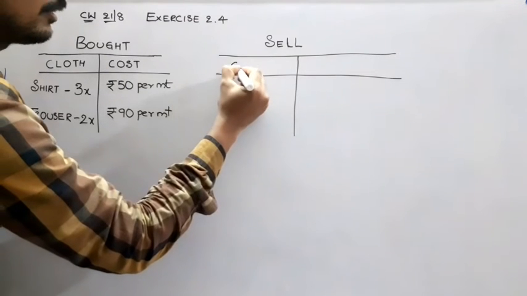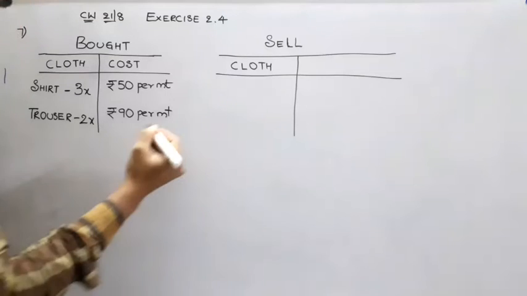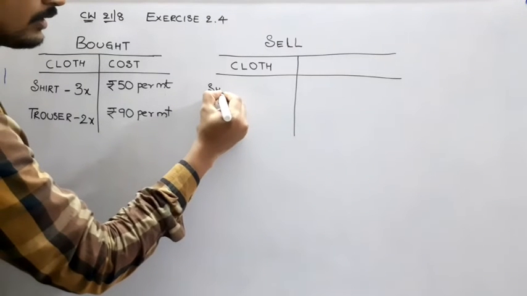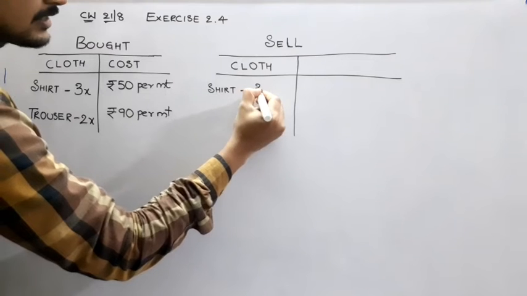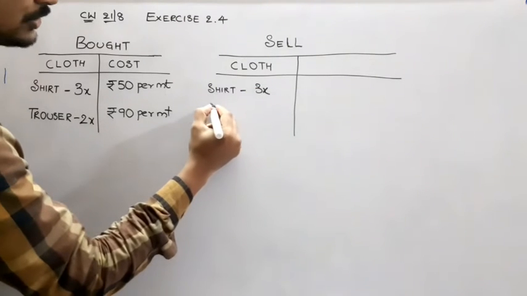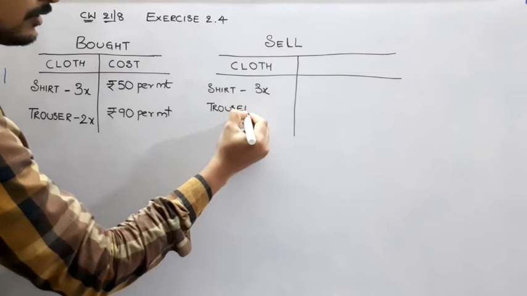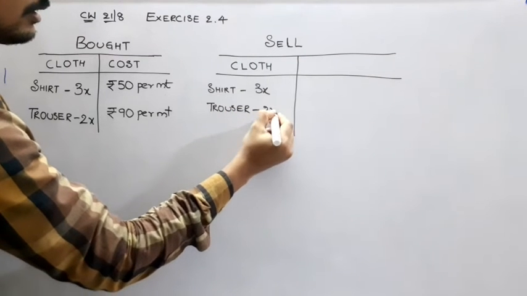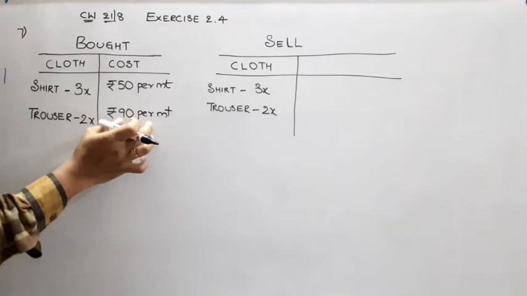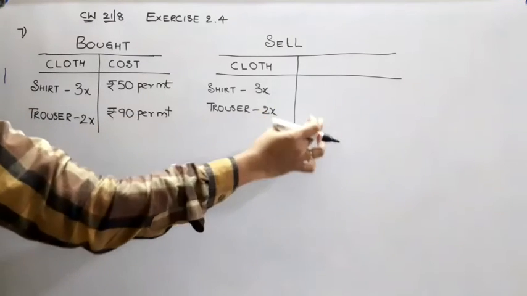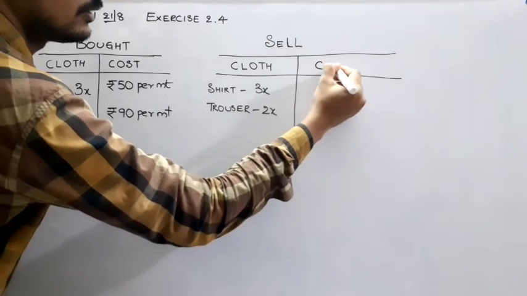That means the same cloth, without making any pieces, the same amount of cloth is going to be sold. Shirt 3x meters and trouser 2x meters. But he added some profit to this cost price in order to incur profit.